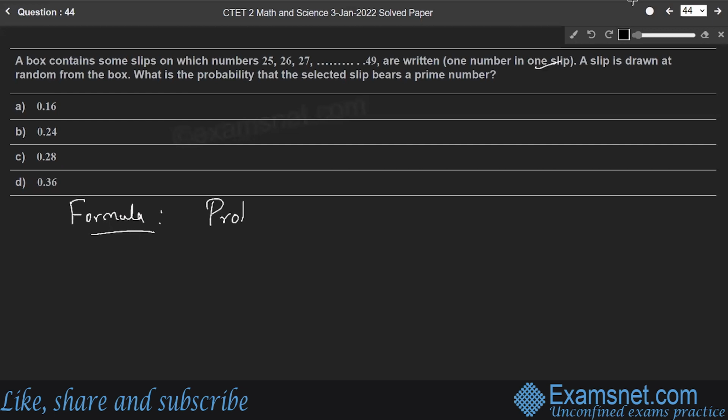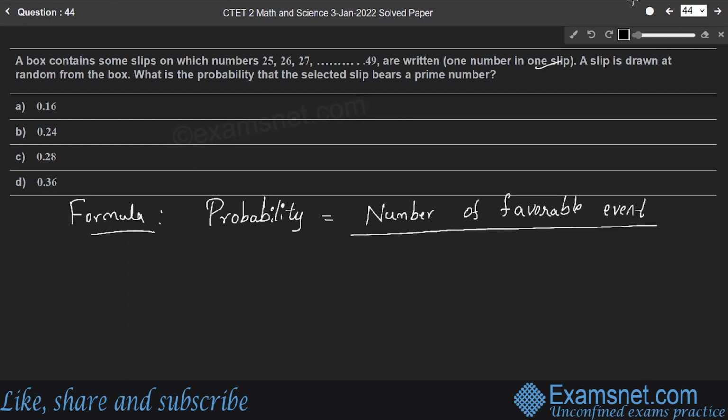Probability is equal to number of favorable events divided by total number of events.